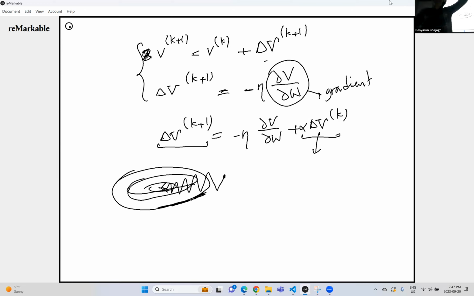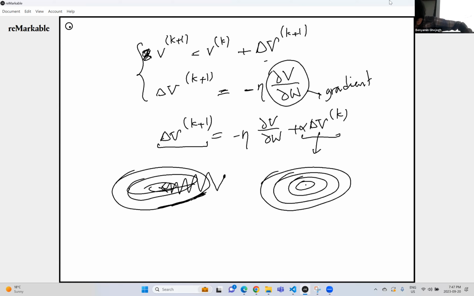So it has a lot of oscillations. But if you use momentum, it will be smoother, with less oscillation. Momentum helps remove the oscillation. Why does this happen? Because you are using the impact of previous updates, so it doesn't oscillate from the previous update much.